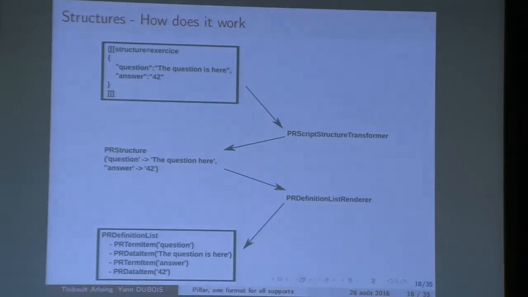These structures are passed to a transformer, a class that transforms a part of the AST into other things. Here, you have a transformation to a script, to an object structure. This object is passed to the definition list renderer, which creates a definition list.